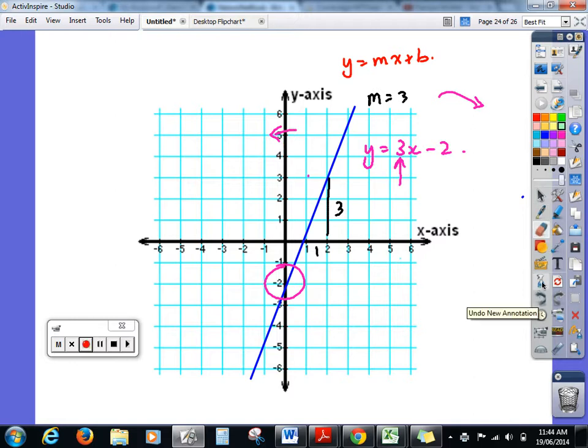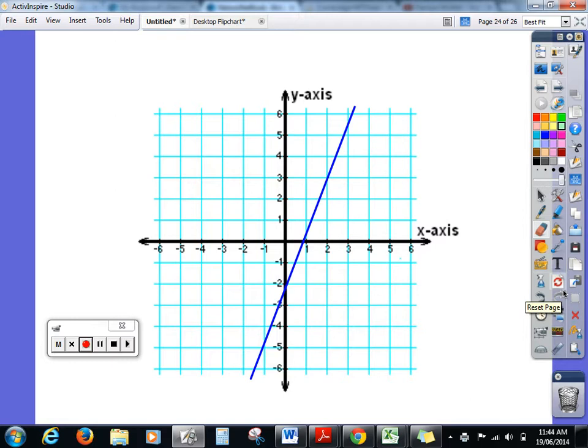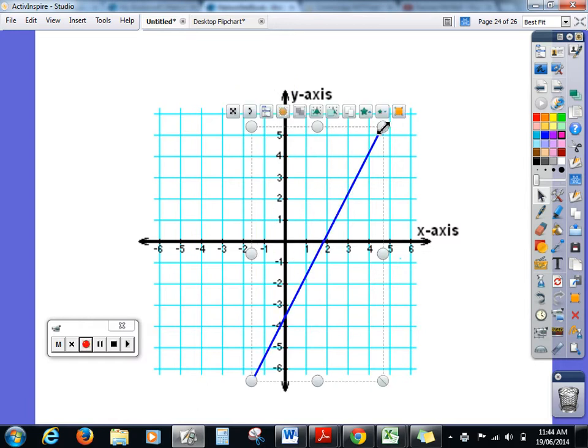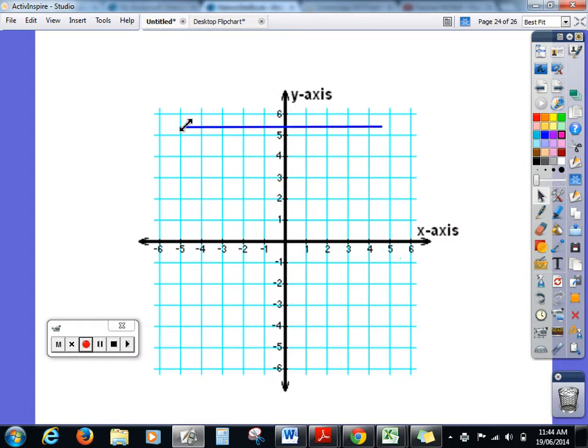Just one last example before we move to the general form. So let's make this lean the other direction for a bit. I always get the wrong way around. I'll have to go to another line.